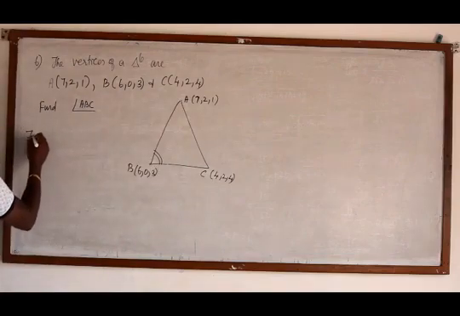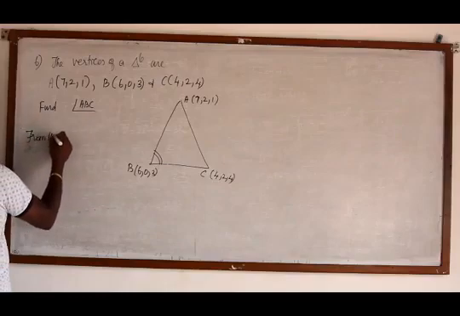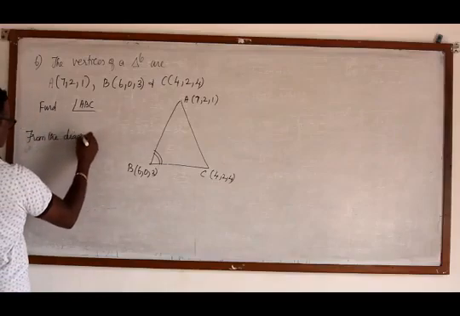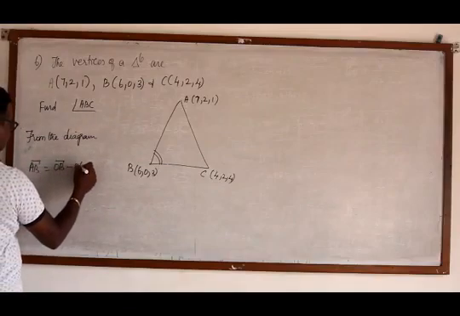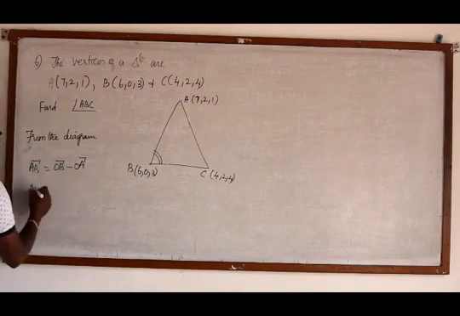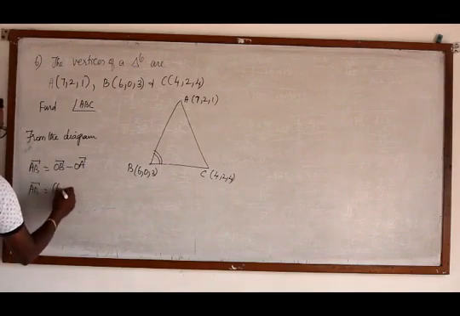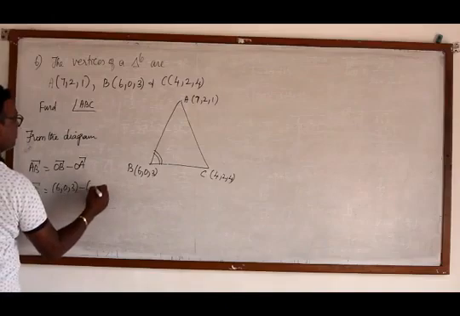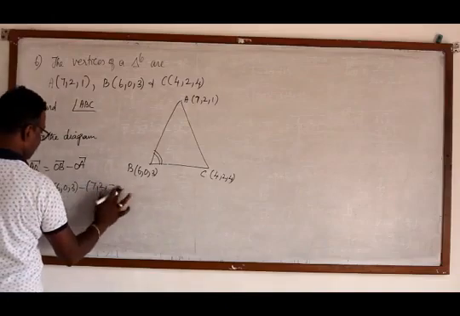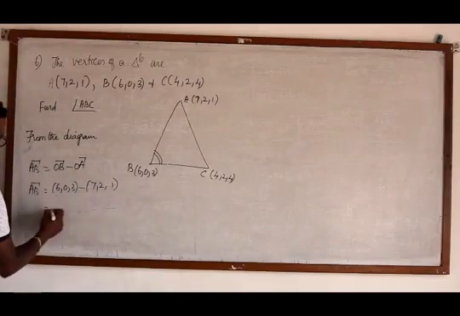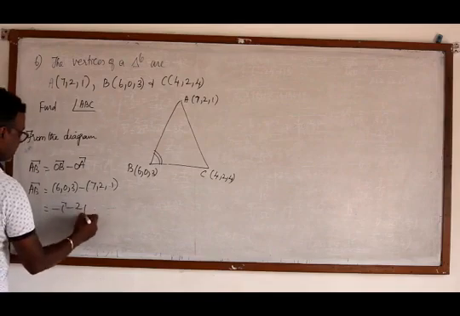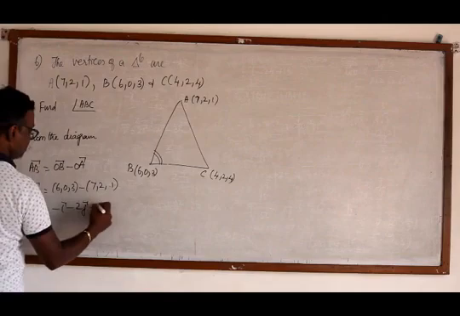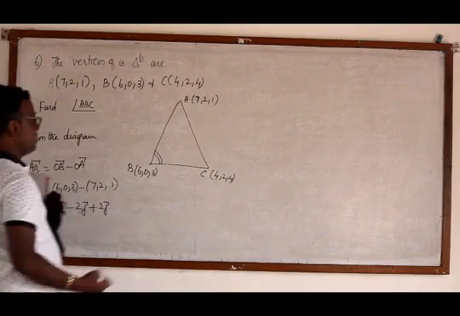From the diagram, AB vector is OB vector minus OA vector. That is, AB vector is (6, 0, 3) minus (7, 2, 1). Then it is 6 minus 7 is minus i, 0 minus 2 is minus 2j, 3 minus 1 is plus 2k.